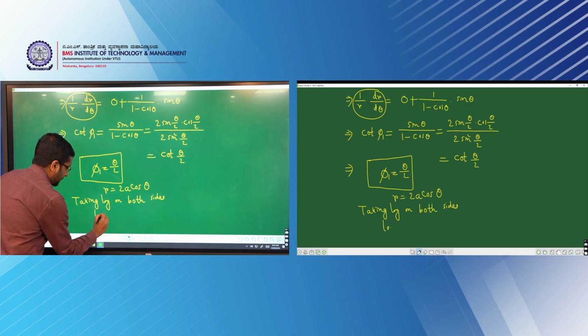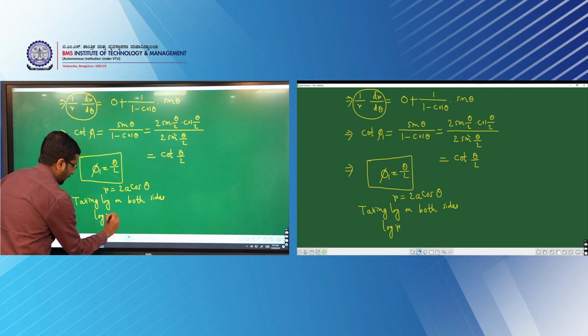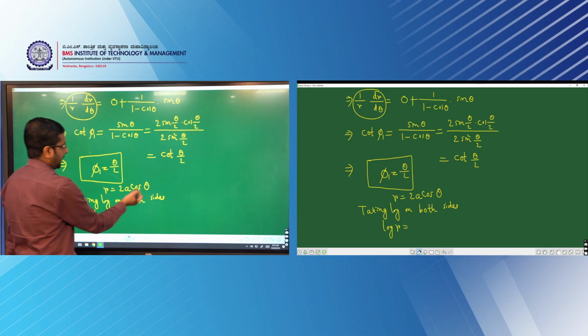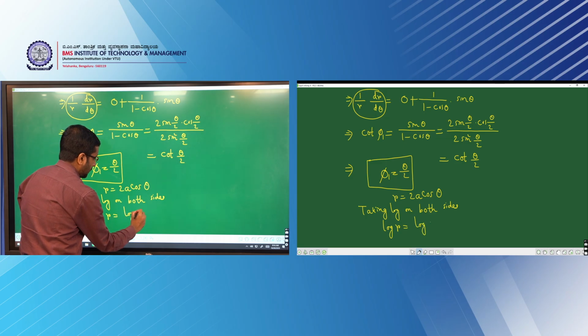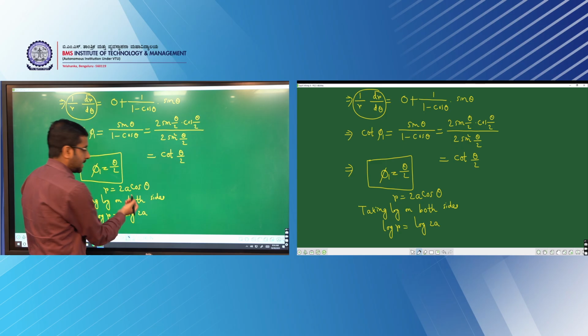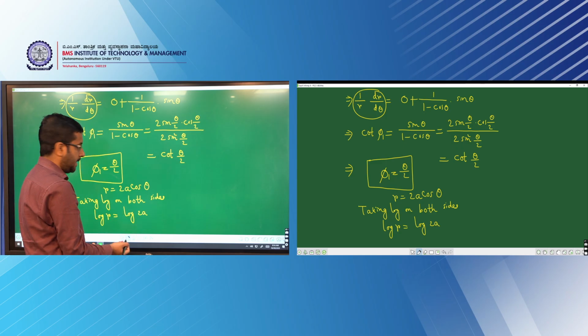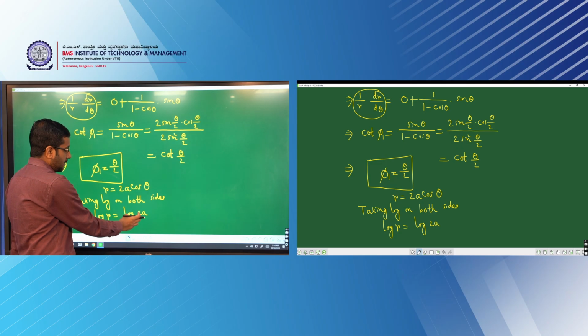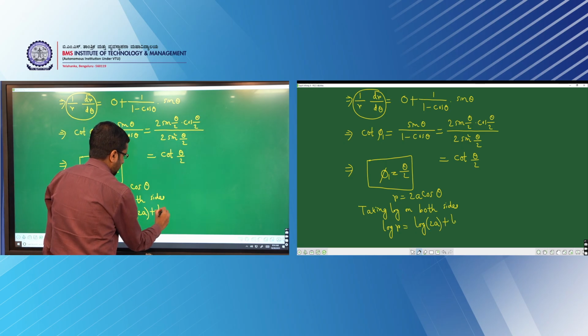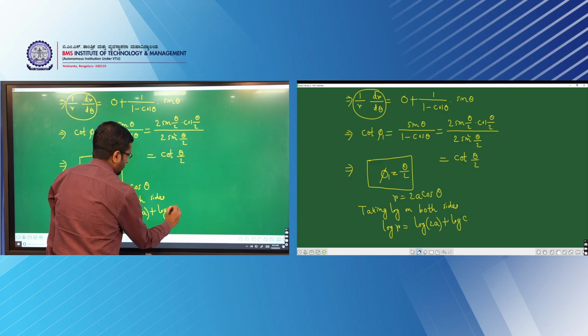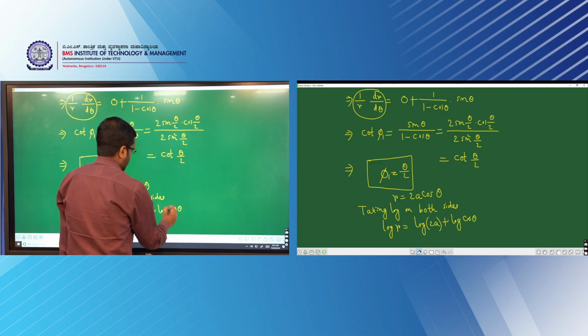I will get the left hand side as log of r, and the right hand side again you can break in two parts, we can take log ab. So, the constant term you can write first, log 2a plus log of cos theta.